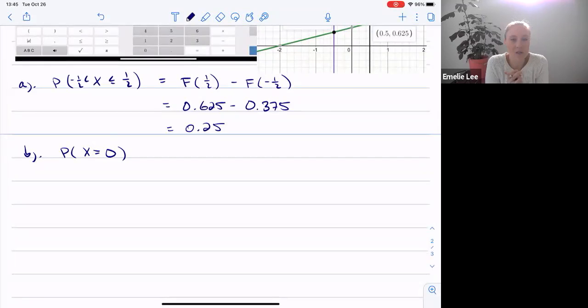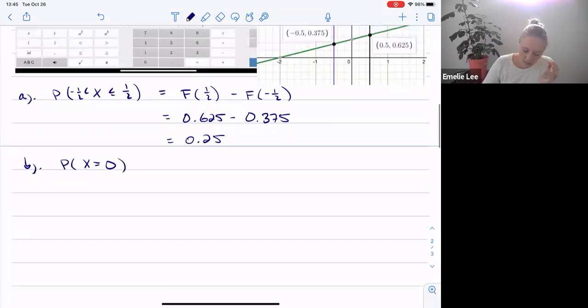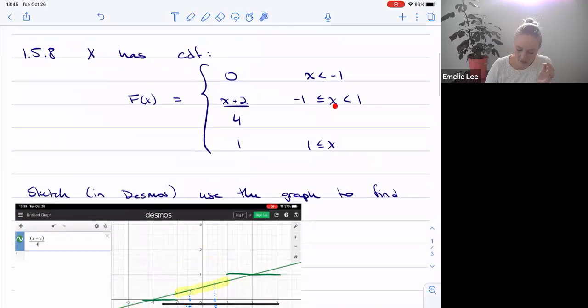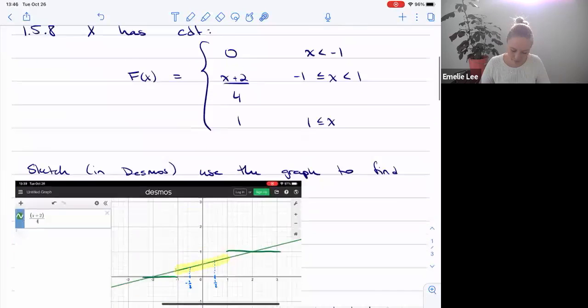So x equals 0 is in this interval, right? It's between -1 and 1. But the problem with finding individual probabilities on this continuous curve is that they don't exist. We need some sort of interval to find probabilities.